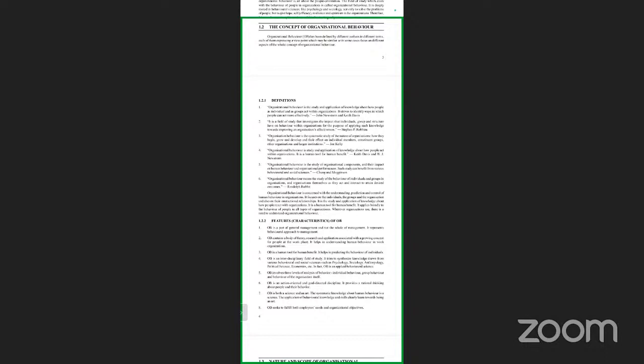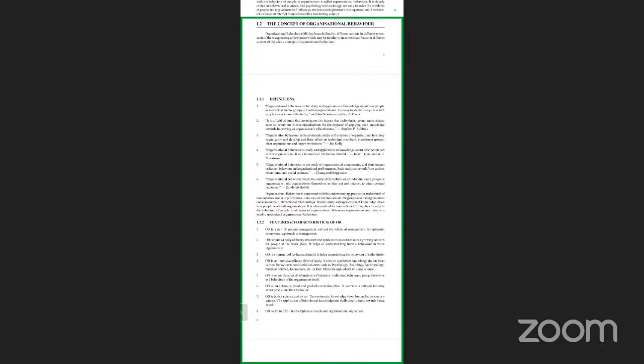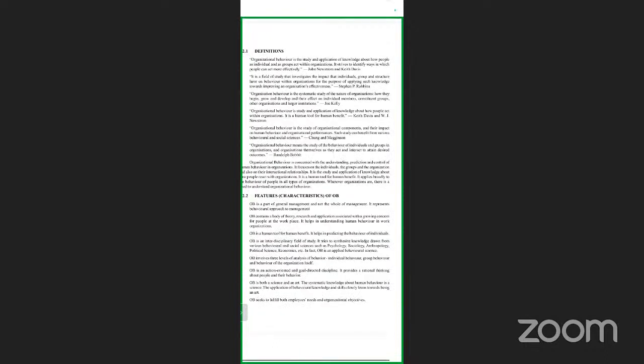It is explained in different viewpoints, but the most popular viewpoint is that it is knowledge about how individuals and groups act and behave in an organization, or together strive to work for a particular goal, aim or objective of an organization, how they work towards attaining the goals, etc. So organizational behavior is all about a study and its application of knowledge about how individuals and groups perform in an organization.